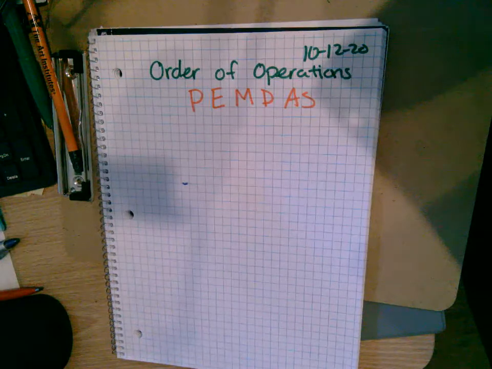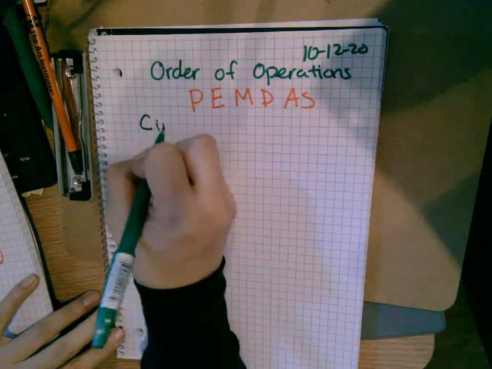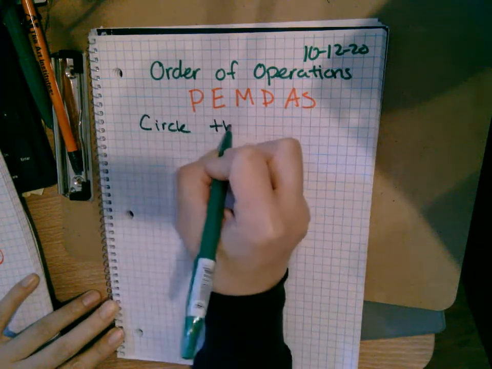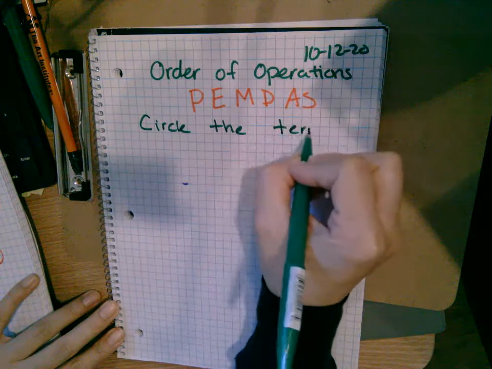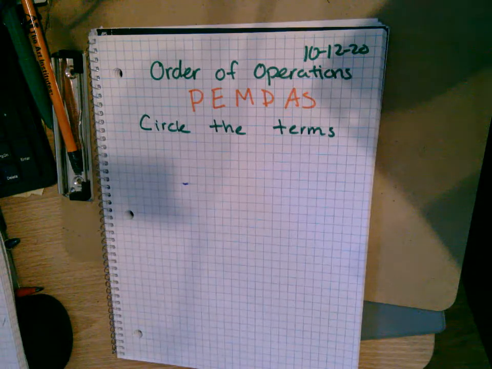So in the CPM book, what they want you to do is circle the terms. Circle the terms.